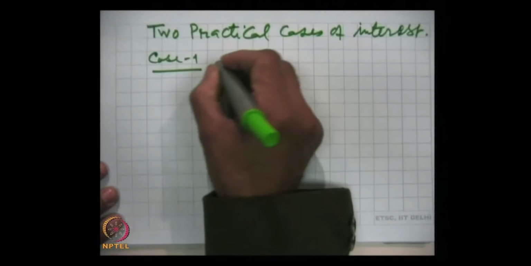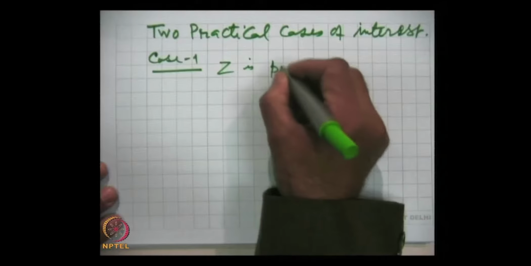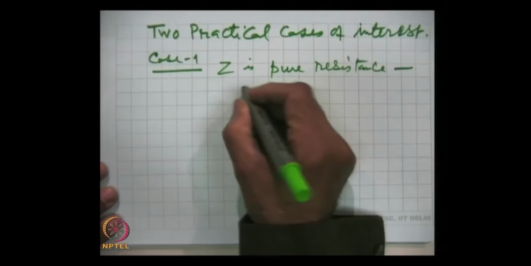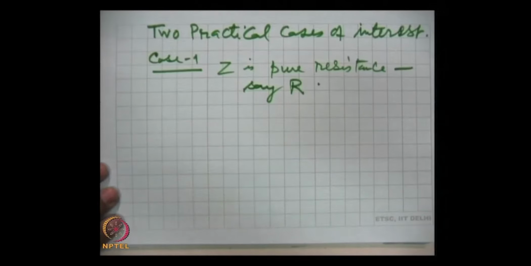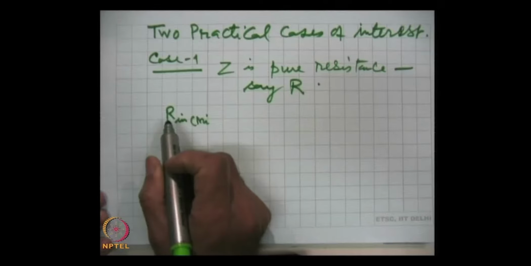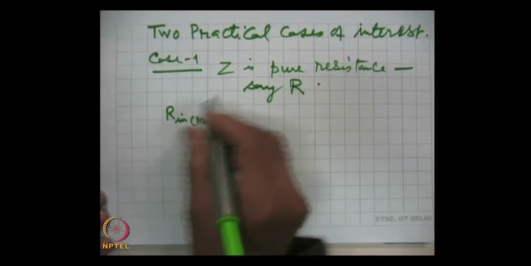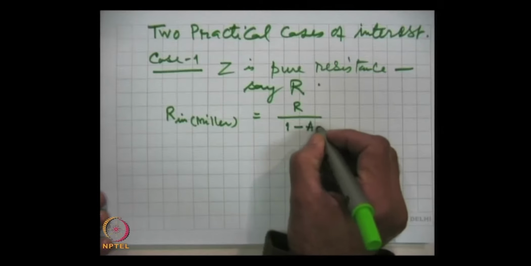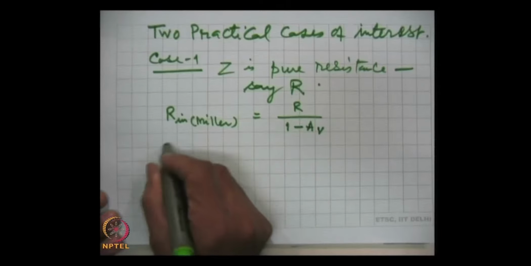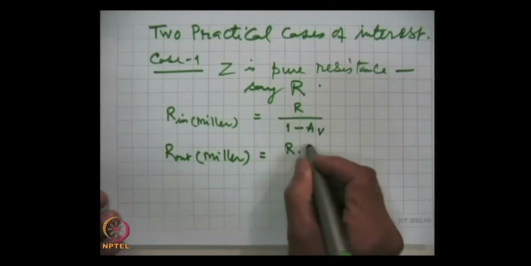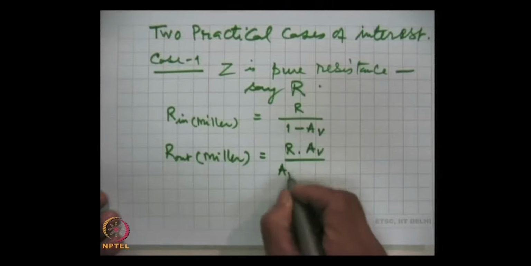So, case 1, Z is pure resistance, let us call this resistance R. Then instead of Z in the above expressions 4 and 5, we can write R in Miller, that means at the input end what will be the influence of this resistance R, this is R over 1 minus AV, and at the output R out Miller is equal to R AV over AV minus 1.